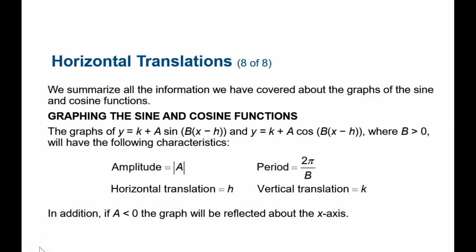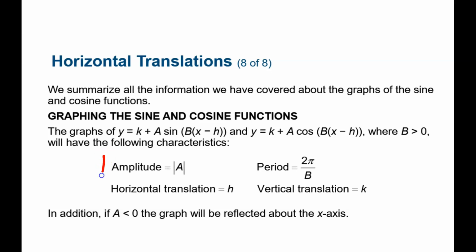Summarizing the information we have covered about the graphs of the sine and cosine functions, we can say that the graphs of y equals k plus a times sine of b times x minus h, and y equals k plus a times cosine of b times x minus h, where b is greater than 0, will have the following characteristics.